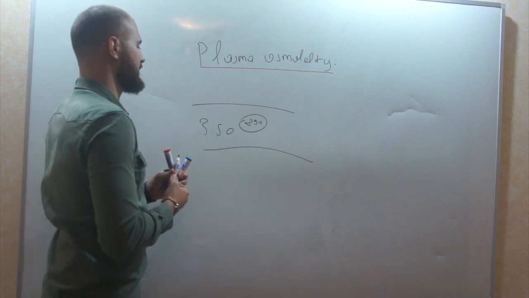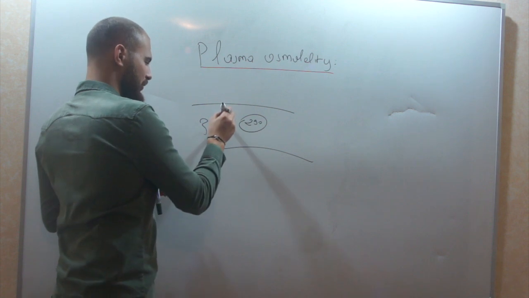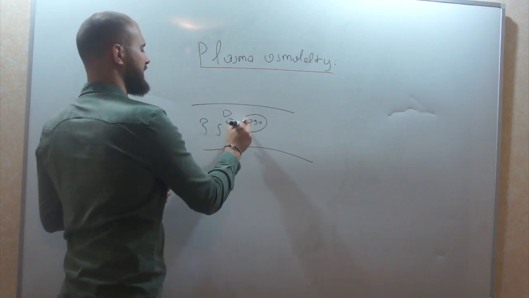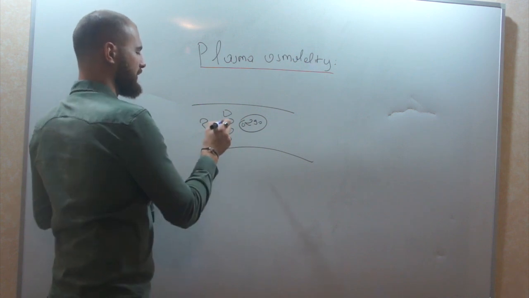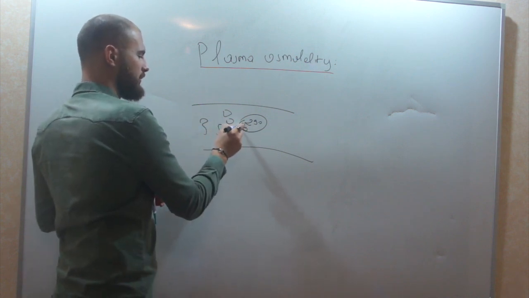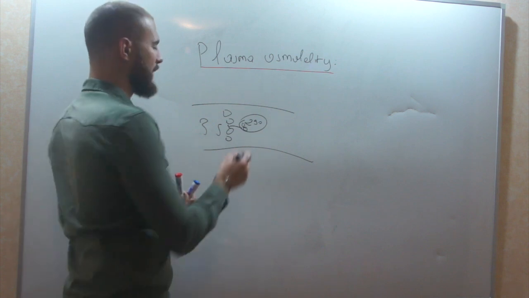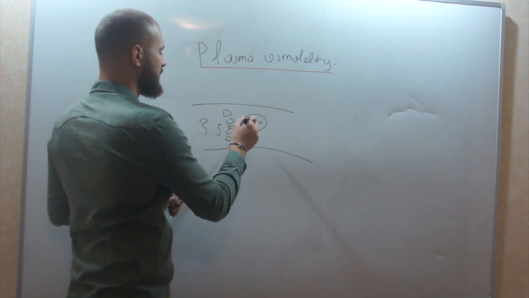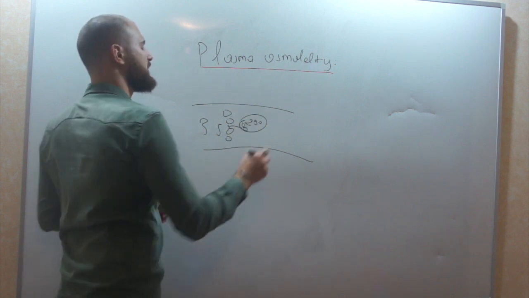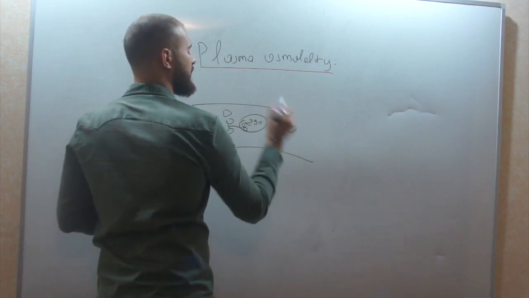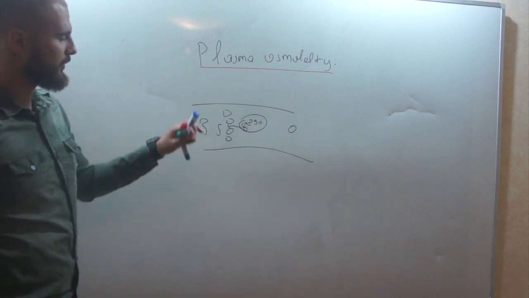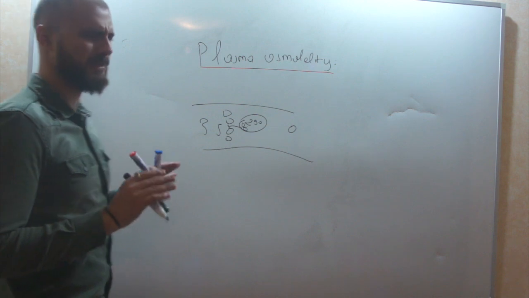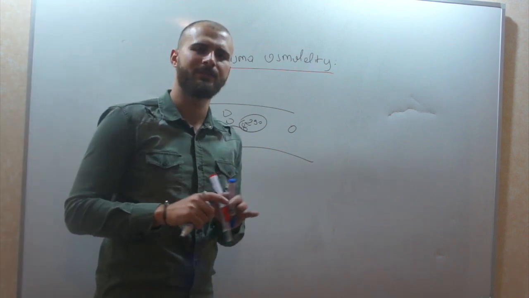Like I said earlier in the video, if there are more solutes here than here, the water will go to where there is the lesser concentration. So what will happen to the red blood cell? It will shrink. That's why you want to understand osmolality. It's one of the main examples you want to understand.